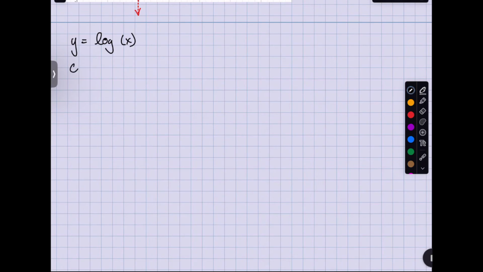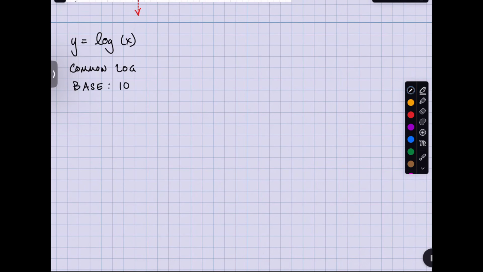this is called a common log. The base of this common log is actually a 10. So when there's no number written there, it is assumed to be a 10.